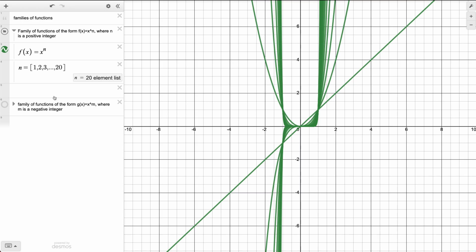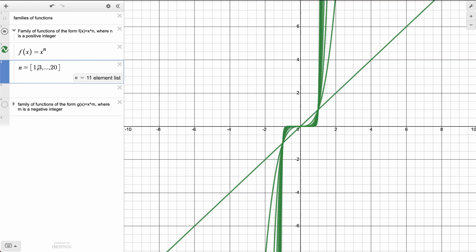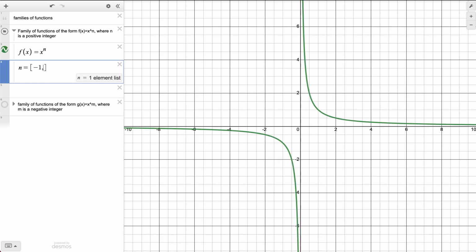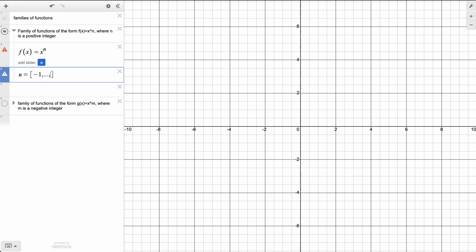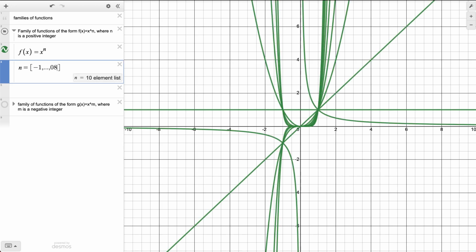And you can change these lists. So instead of counting everyone, maybe I just want to count the odd ones. And so I could look at just the family of power functions where the power is an odd positive number. Okay, or I could go from, say, -1 to -8.